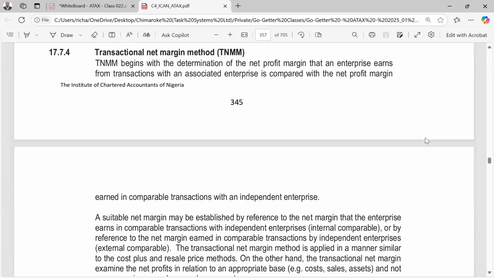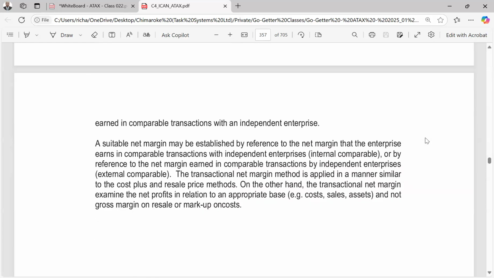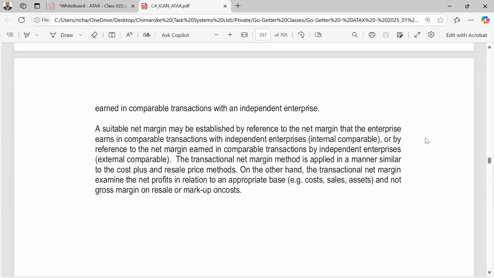Transactional net margin method. It begins with the determination of net profits from an associated party's transaction, compared with the profit margin in comparable transactions with independent enterprises. So it's almost the same thing as the profit split method.